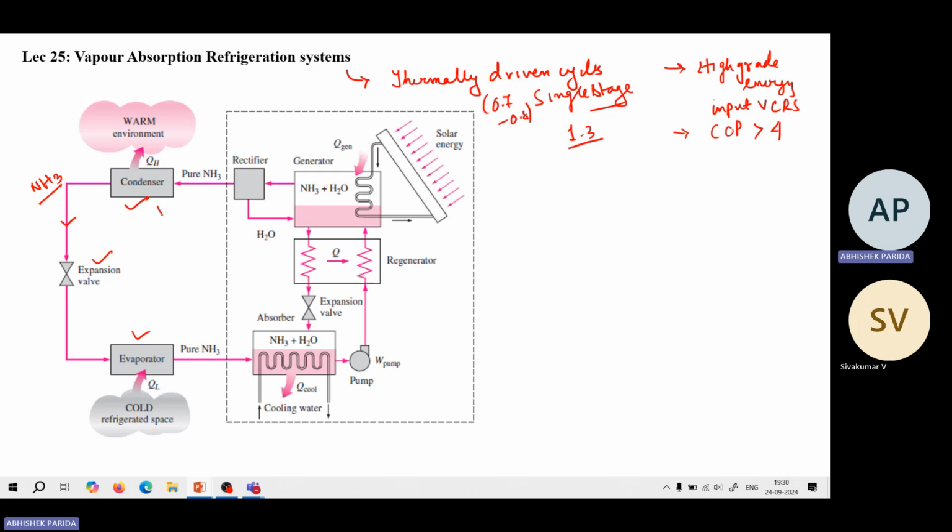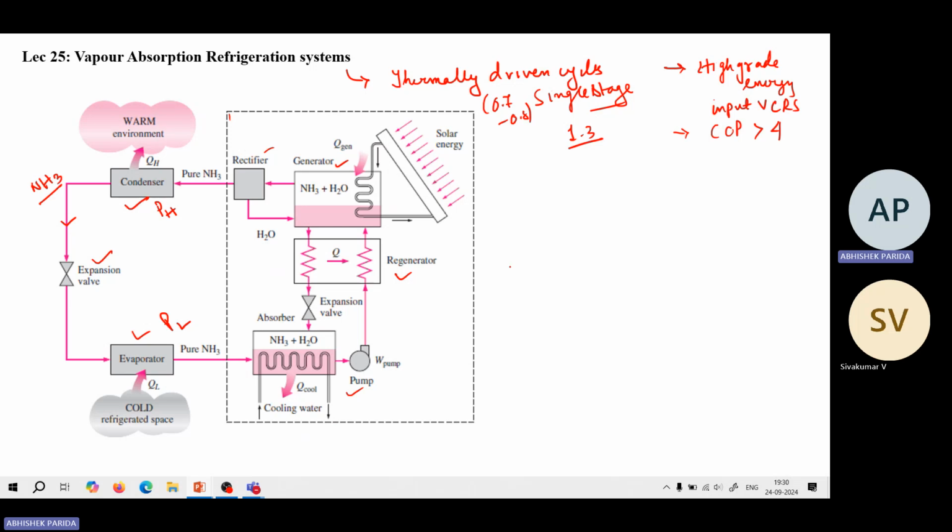Both of these work at different pressures, PH and PL, and the corresponding saturation temperatures. But the compressor is substituted by this system: the rectifier, the absorber, the regenerator, and the generator. This whole system replaces the compressor.